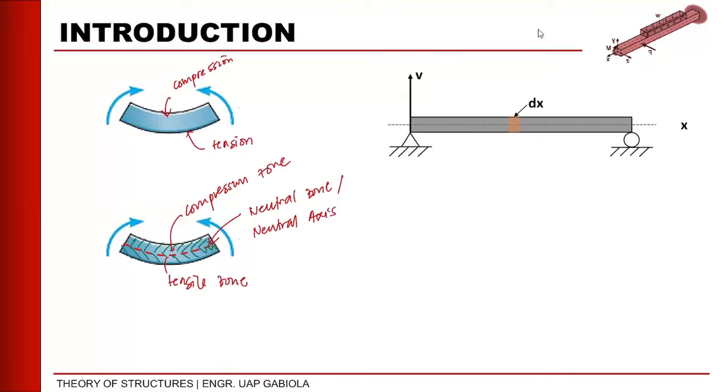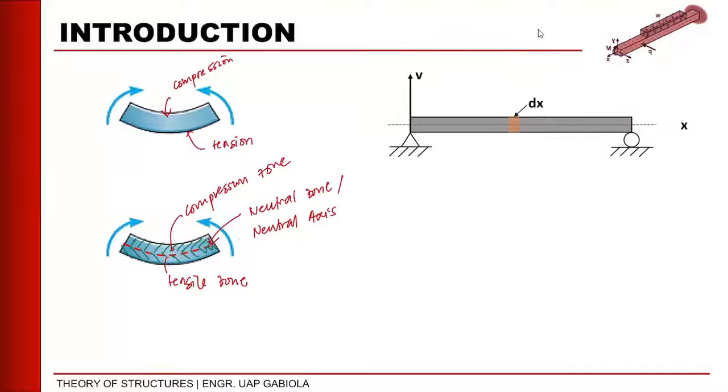Okay? Ibig sabihin, in the neutral axis, ito yung location inside the beam where yung length does not shorten nor lengthen. Okay? So it stays the same as the original length. Okay? And based from this definition, we can actually derive yung value ng theta.